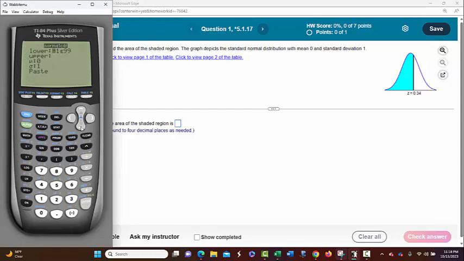It has that lower default, so that's what we want. But that's what you want whenever it's less than. You want the negative 1E99, and then 0.34. And you can see it's already set to 0 and 1. Hit paste, enter. So 4 decimal places, 0.6331.